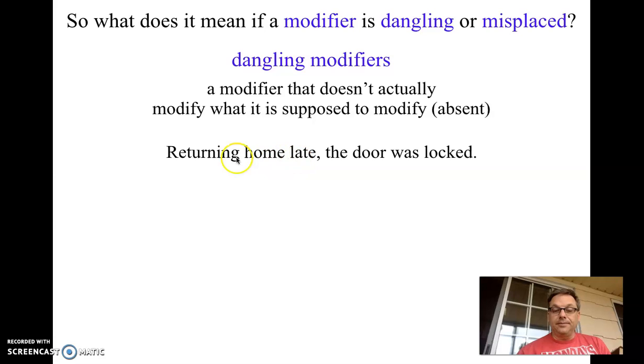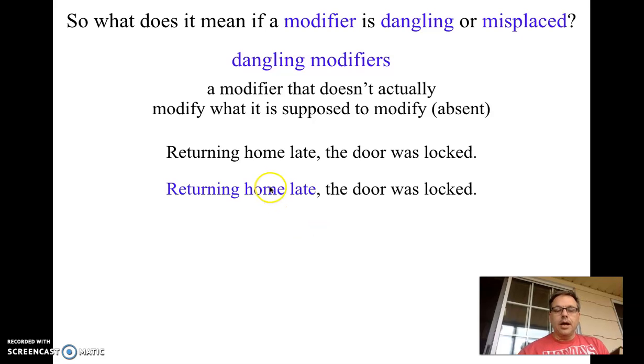This one is not, right? So did the door return home late? No, that doesn't make sense, right? People return home late, right? Here is our modifier, okay? But we don't have anything that it's modifying, right? Remember, dangling is about being absent, right?